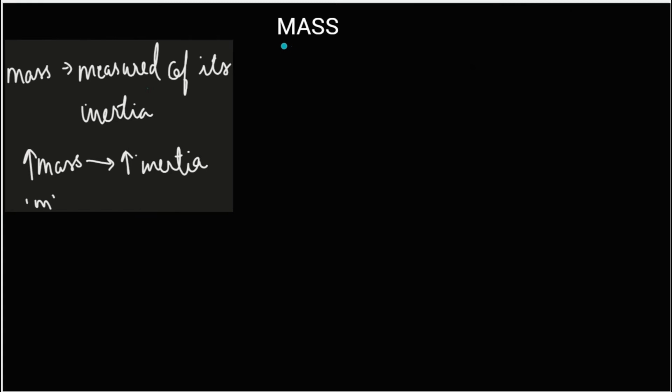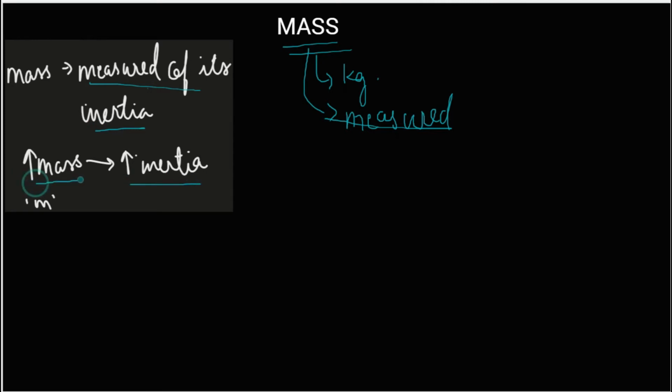Mass. Mass is measured in kg. Mass is a measure of how much inertia an object has. You can see, measure of its inertia. If inertia increases, its mass increases. So you always say that my weight is 50 kg.